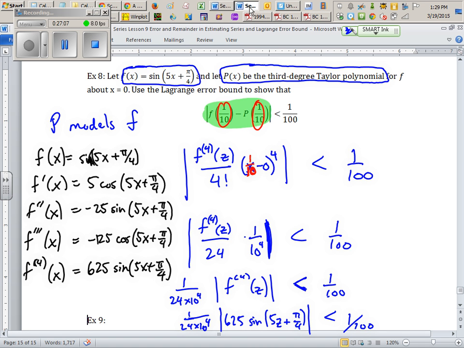So it looks like we have one more thing to do, and that is find a z.